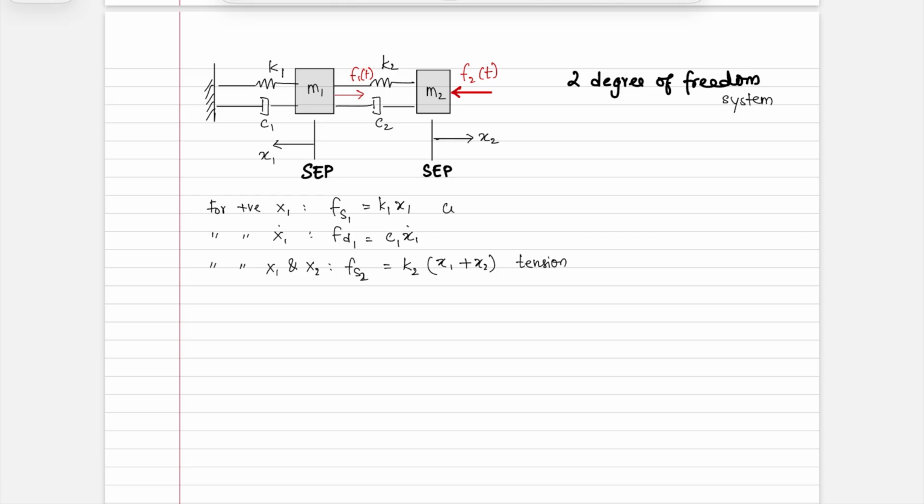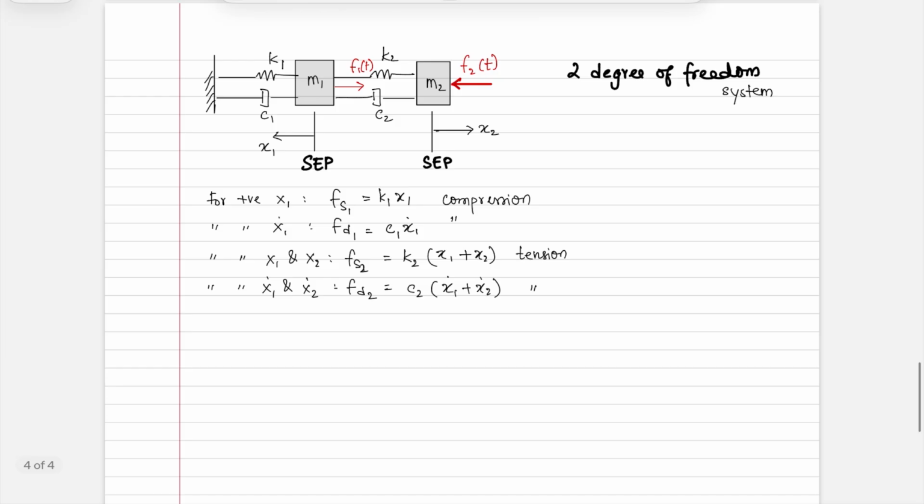I guess above we should have written that it is in compression. It is also in compression. Similarly, for the damper, you have Fd2 for positive x1 dot and positive x2 dot. This is going to be equal to c2 times x1 dot plus x2 dot, and this is going to be in tension. So with that, we have defined the magnitudes. We have kind of defined a directional sense as well. Next, you're going to draw the exploded view of the free body diagram.